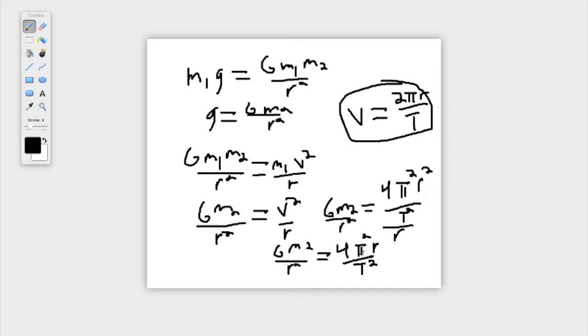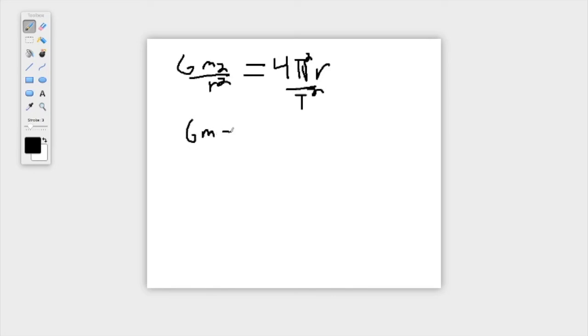Then I'm going to multiply by r on both sides, so I get G m2 equals 4 pi squared r cubed over T squared.